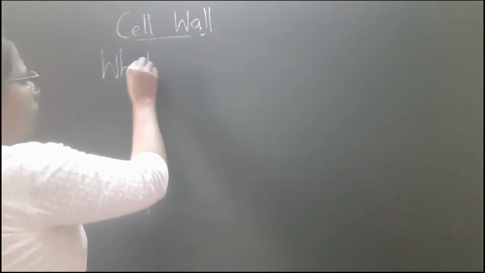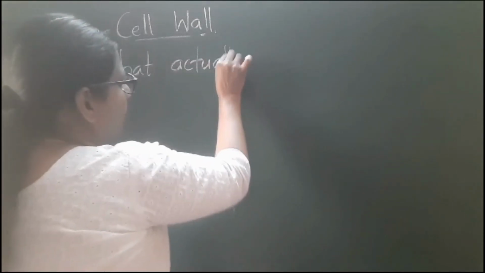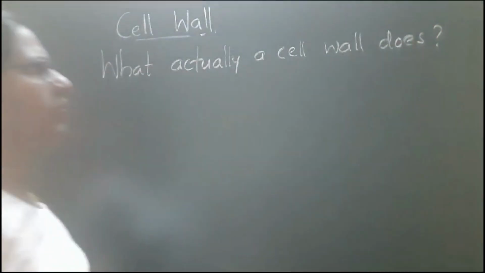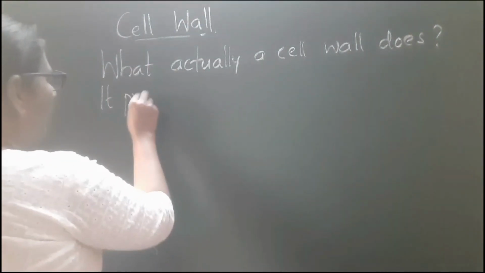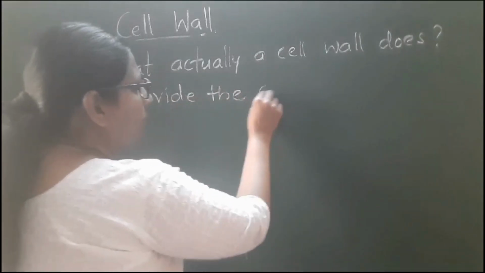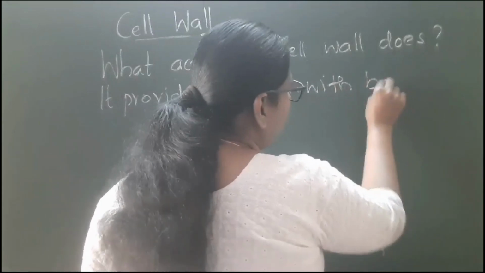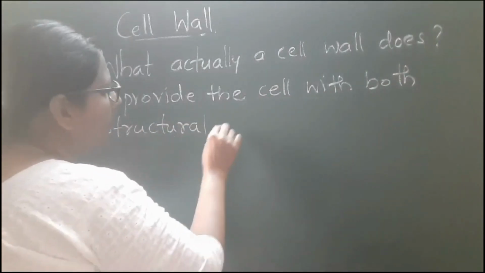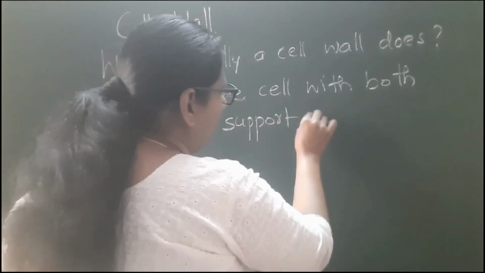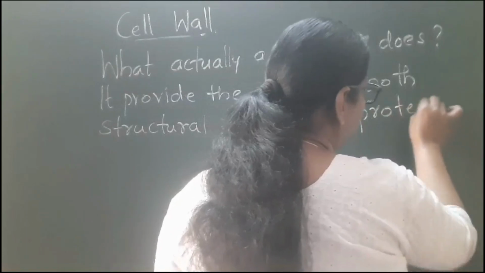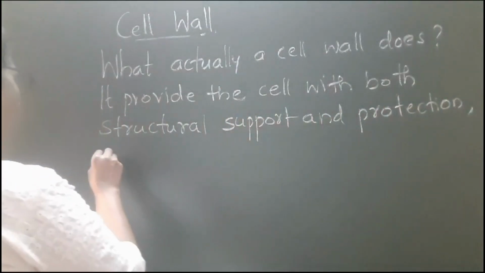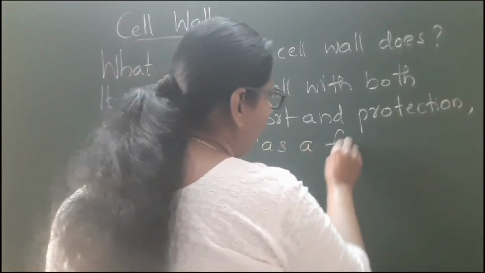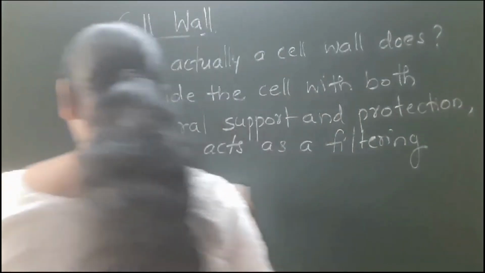What actually does a cell wall do? It provides the cell with both structural support and protection, and also acts as a filtering mechanism.